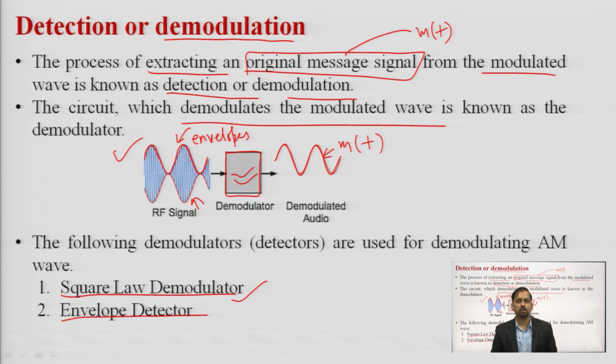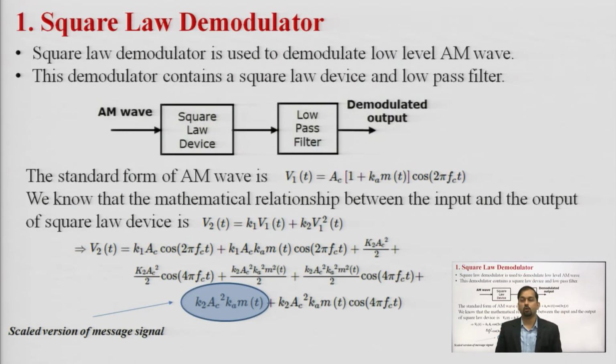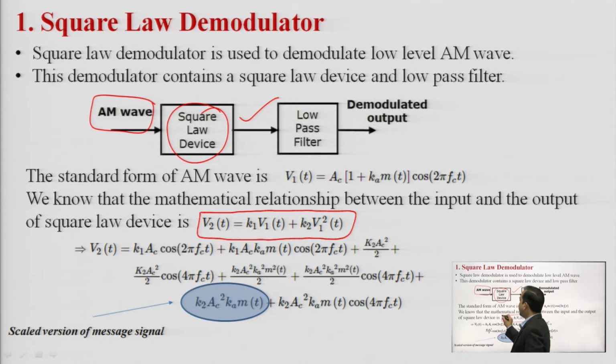First of all we will discuss what the square law demodulator is. As we have already seen, the role of the square law device is that whatever signal is input to this device, it will produce a square of the input as per this relationship: K1 times V1 plus K2 times V1 square (t).